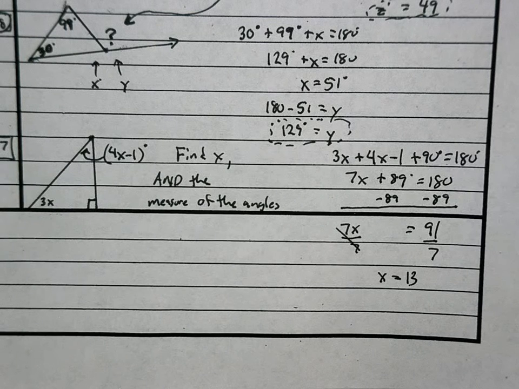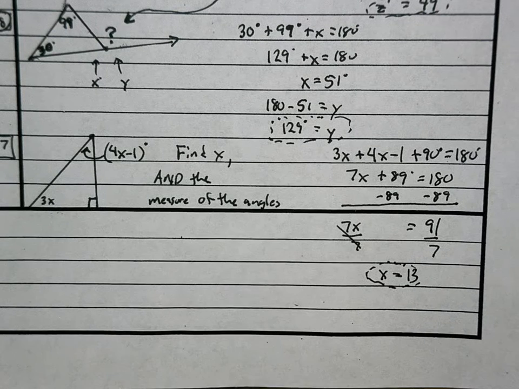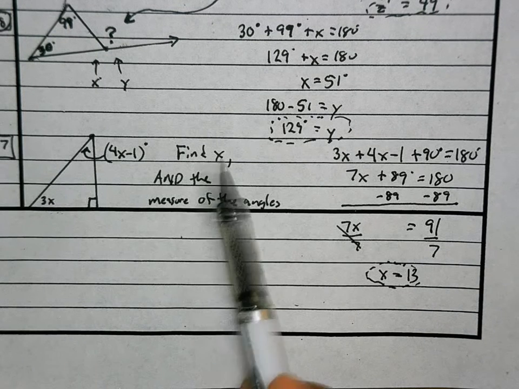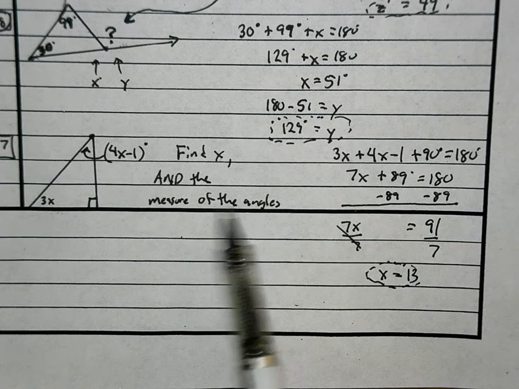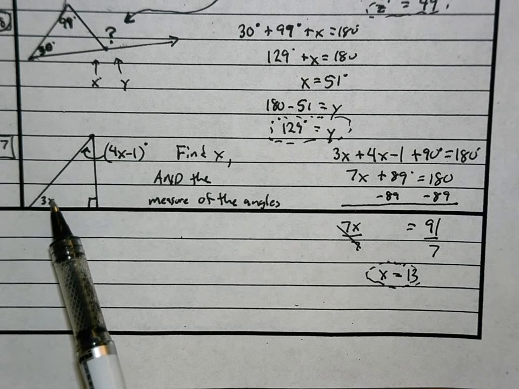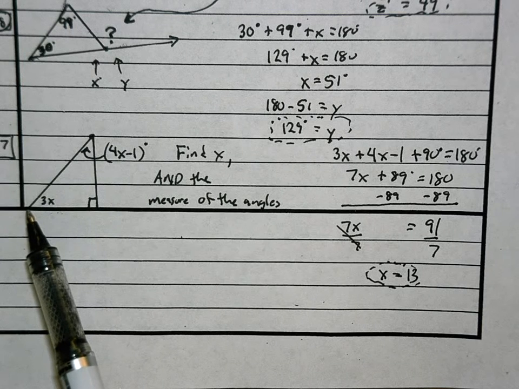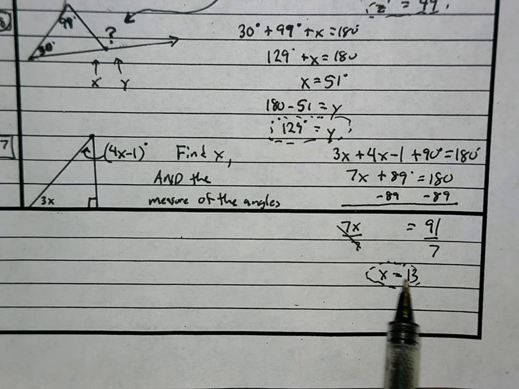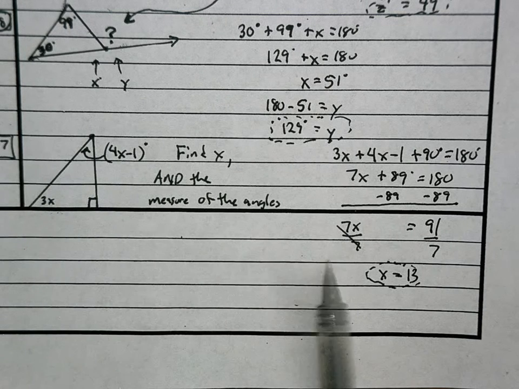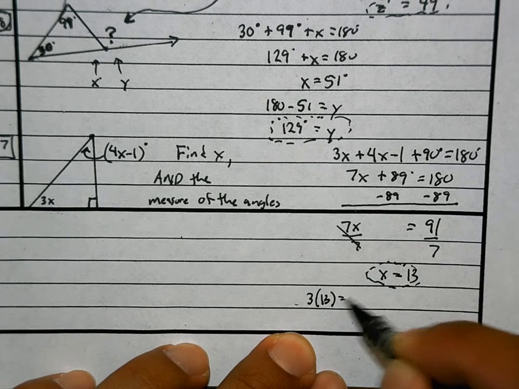Never stop when you just find x. We found x, but it said find x and the measure of the angle. So now that I know this is 13, do you know how to figure out what this left corner is? What are you going to do? So what is 3 times 13? 3 times 13 is 39 degrees.